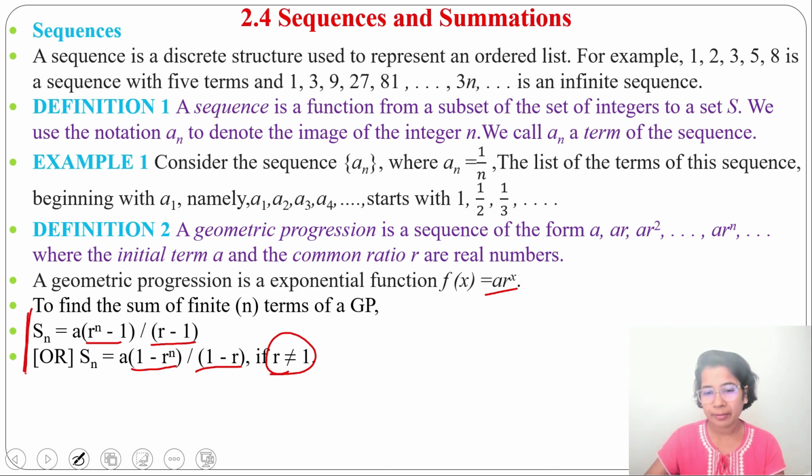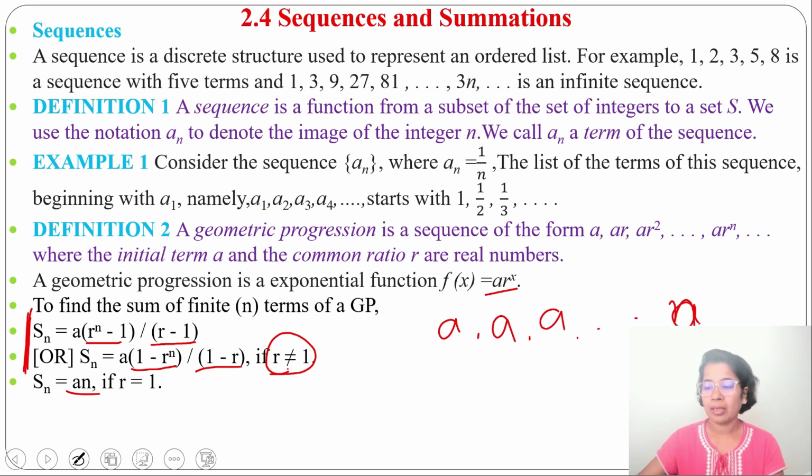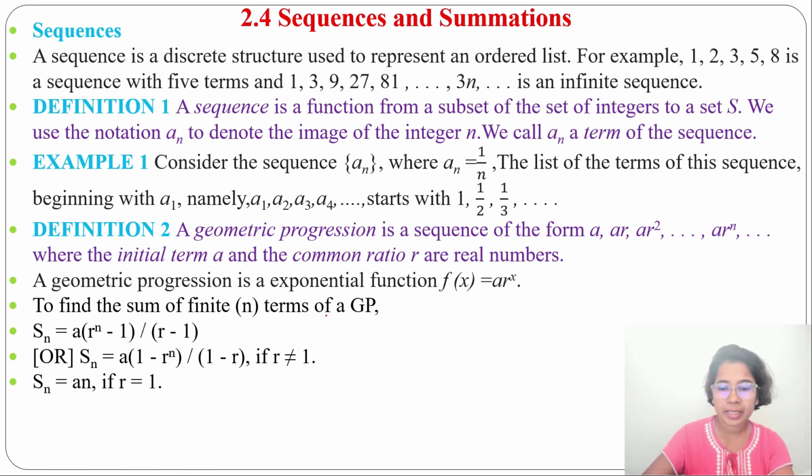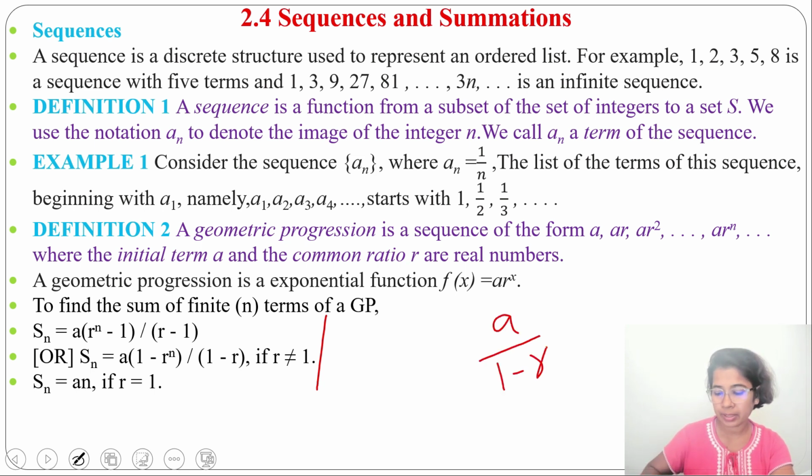If one GP is given and you want to find the sum of that sequence, these are the formulas if r is not equal to 1. If r equals 1, it will simply be an. Means if r is 1, then every term is a, and their addition will be a multiplied by n. This is all about finite sequence summation. If the sequence is infinite, then the sum will be a divided by (1 minus r).